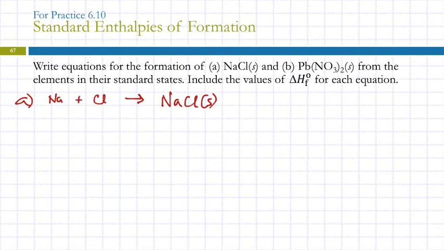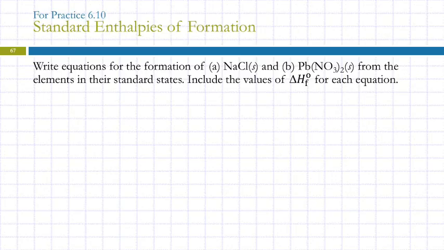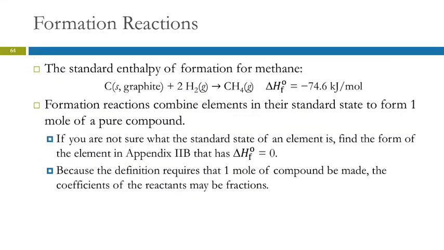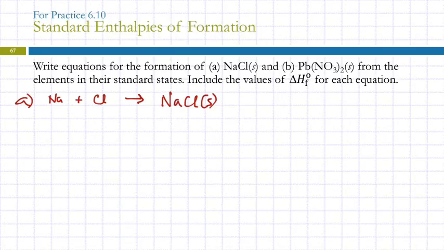We need their standard states. So we can think about it, or we can go to the table and look. Oh, this is the table for the other things that aren't in this first table. So here in the table under sodium, solid, that's the 0. For chlorine, it's Cl2 gas. So that's the formula I need to put in my equation.